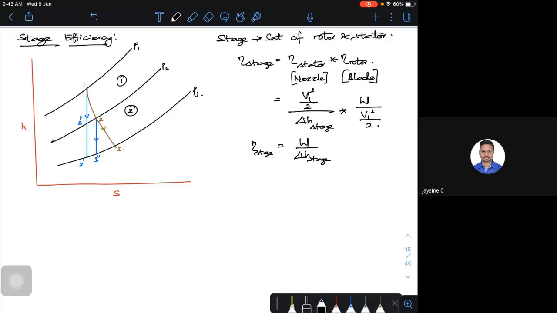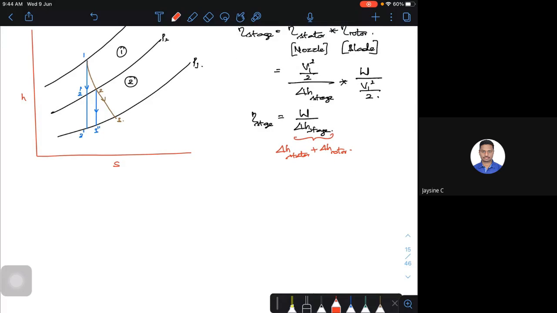If I look at the stage, I need to calculate the enthalpy drop for the stator plus the enthalpy drop for the rotor. What does it mean actually?